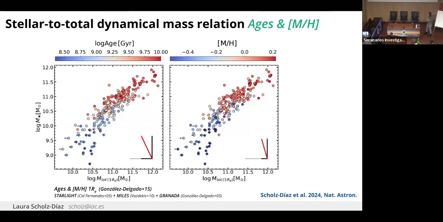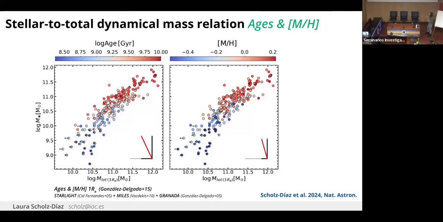But again, we find as well a secondary dependence on the total dynamical mass measured within 3 effective radii. So in this sense, at fixed stellar mass, these galaxies also show a dependence.